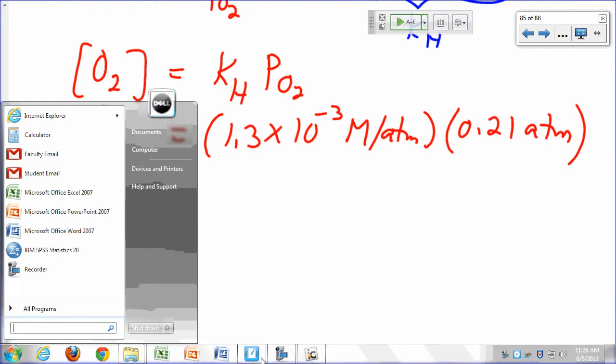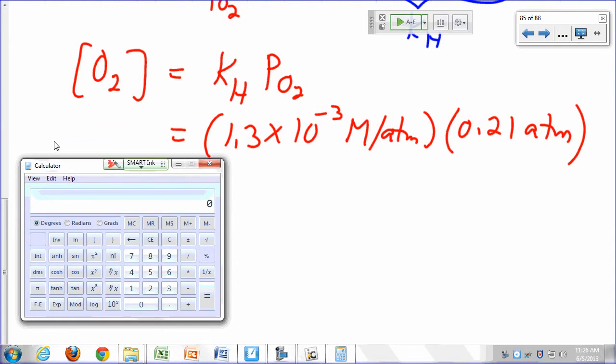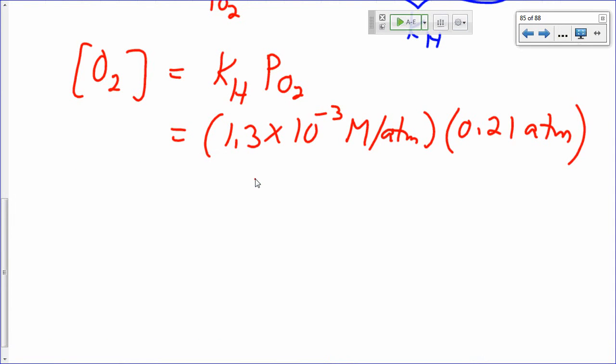So what is that number? 1.3 times 0.21 is 0.273 times 10 to the negative 3, equals 2.7 times 10 to the negative 4 moles per liter. Notice that's a very small number.